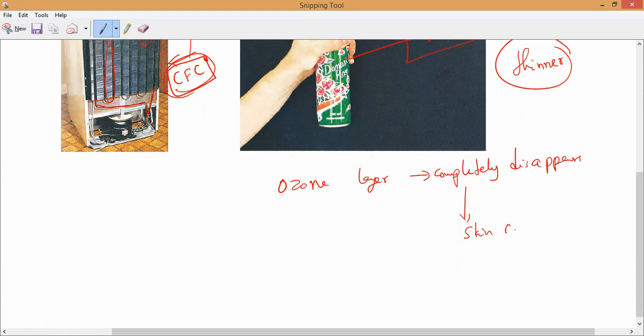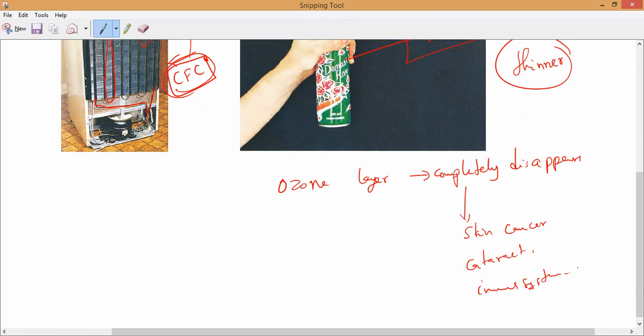What is that? One is skin cancer, next one is cataract, and next one is that it affects the immune system, meaning resistance to disease.